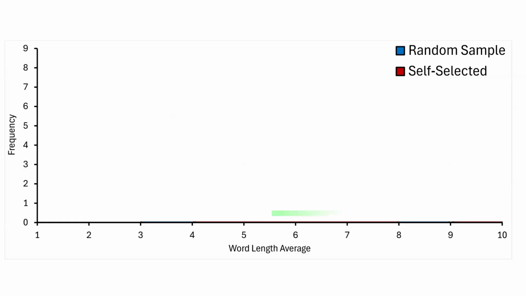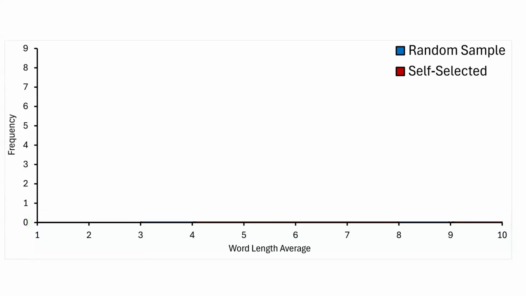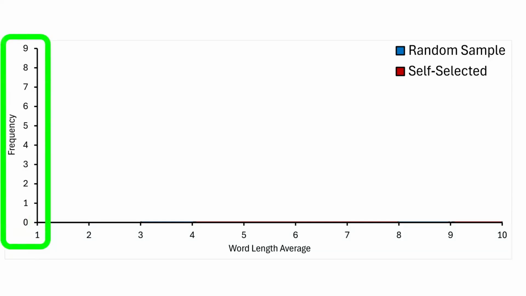So what we have here on the x-axis is the word length average. Each sample was rounded to the nearest whole word length. So did you find a word length average that was 5? Did you find a word length average that was 8? That's where it's going to show up on the x-axis, which is word length average. And then on the y-axis, we have the frequency.